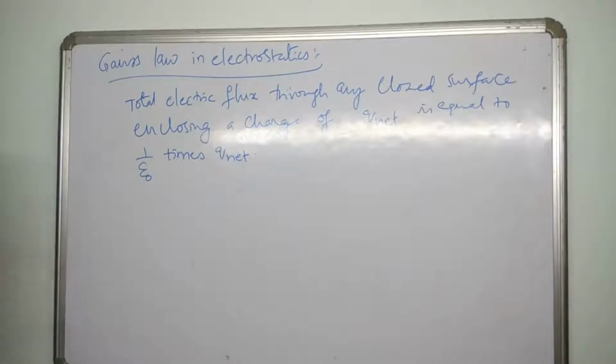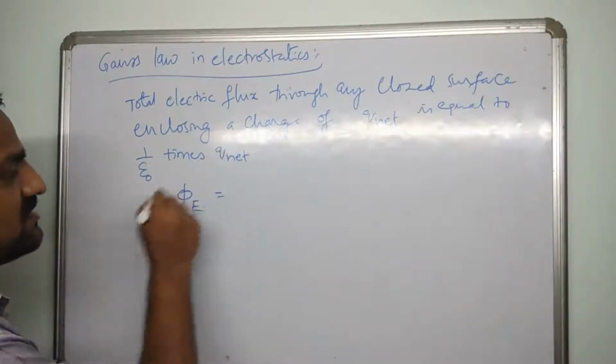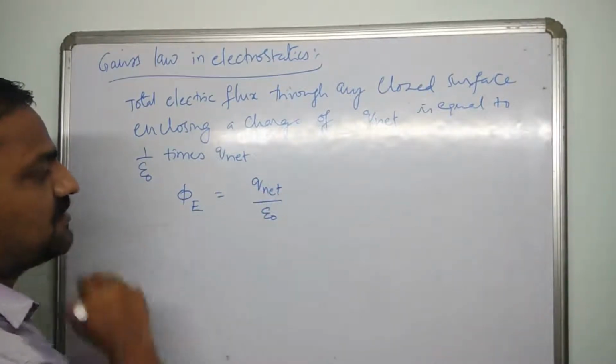So mathematically speaking, the electric flux phi E is given by Q net divided by epsilon naught.